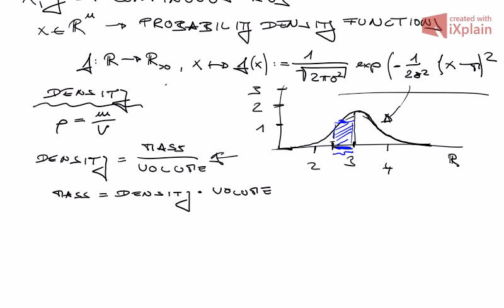What this all is supposed to tell you is that if you want to compute the probability mass that is specified in terms of a probability density function, you need to multiply the probability density with the volume that you are interested in.